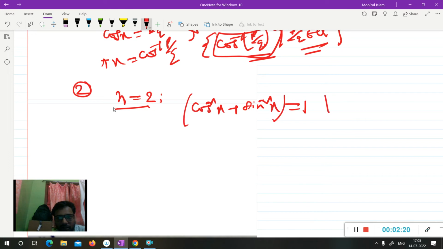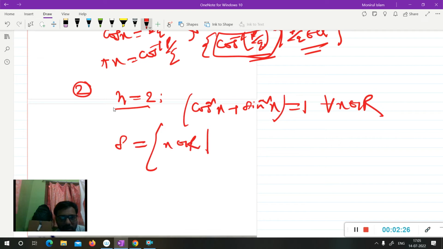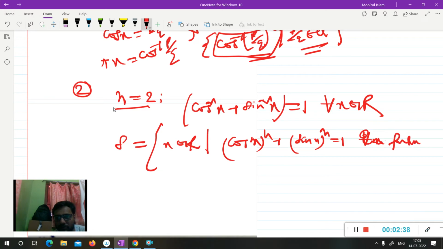This will hold for all x belonging to the real numbers. Now S is the set of those x belonging to the real numbers such that cos x power n plus sin x power n is 1 for some natural number.